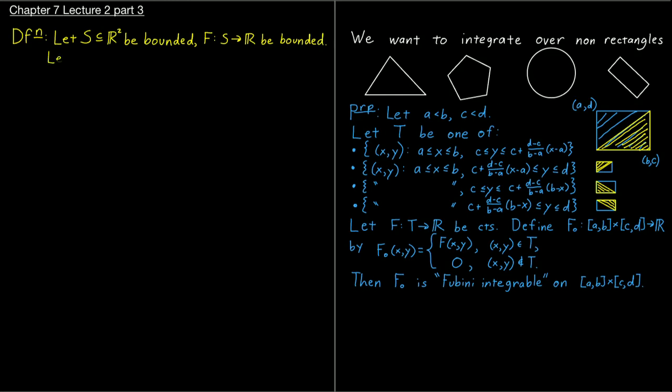And we'll define f naught as the 0 extension as usual. f naught of v is f of v if v is in S, and 0 if v is not in S.